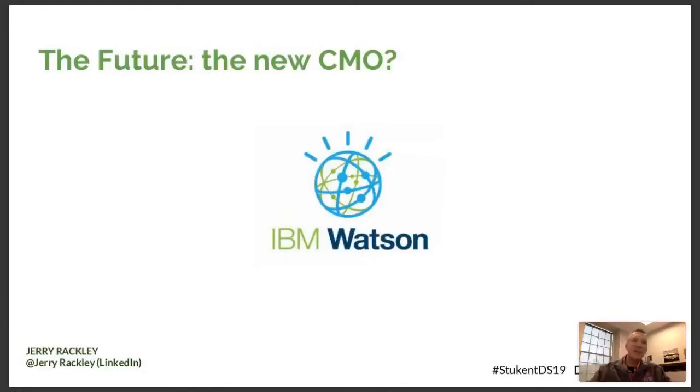We saw what Watson could do to the best human Jeopardy contestants the game show had to offer. So if you look at what Watson's capable of, could Watson be the new CMO at an organization someplace? As impressive as Watson is, I don't think Watson's going to be calling the marketing shots in the leadership seat for a marketing organization, at least not anytime soon.